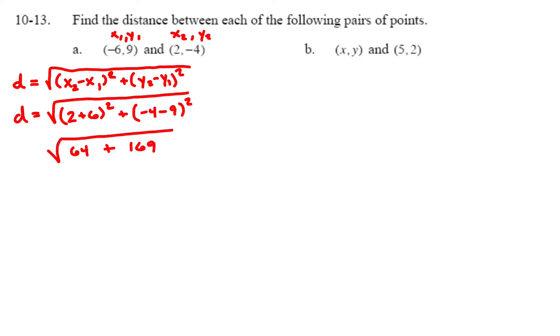Then we add these two together, and we end up with the square root of 233 as the distance between those two points. Think about that: the square root of 225 is 15, so it's going to be just a little bit more than 15 units between these two points.